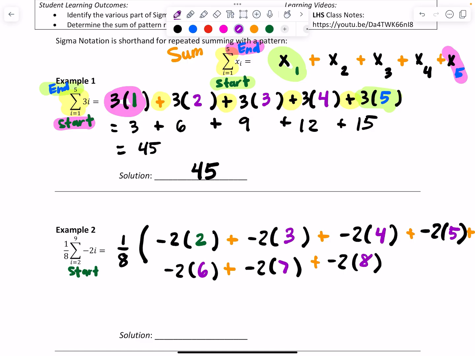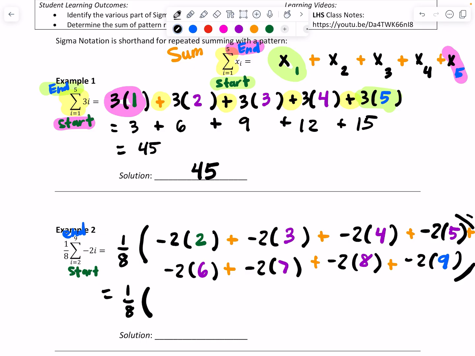When am I going to stop? I'm almost there. I'm going to stop when i equals 9. Okay, so that's my last term. And remember, all of this is going to be multiplied by that 1/8 in the end. So as I simplify, I'm just going to copy down the 1/8. Remember, I'm going to multiply by 1/8 in the end.